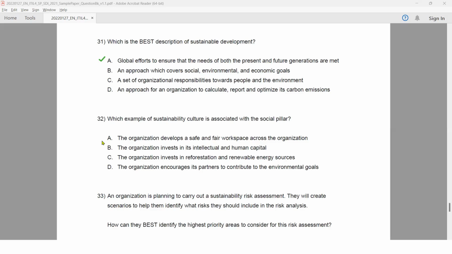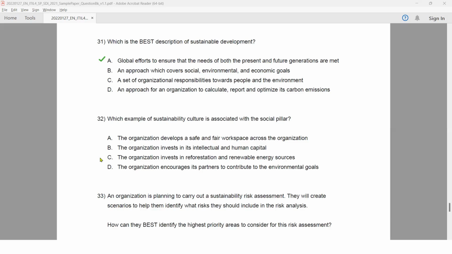Option A is connected with safe and fair workspace across the organization, which means in this organization, the members treat each other with respect. This is developing a fair culture as well and a safety culture. And this is definitely associated with the social pillar. Let's look at the other options meanwhile. Option B, investing in intellectual and human capital, is connected with the economic pillar.